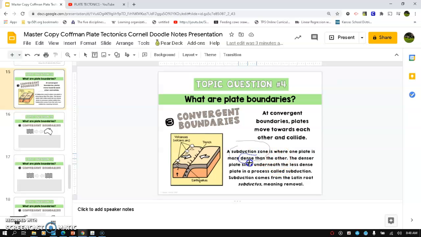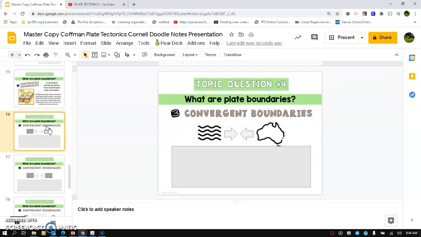That's another key word. Will it sink? Will it sink? On this diagram, we have arrows, and then we have squigglies, and then we have Australia. We're still in topic 4. Pause it.